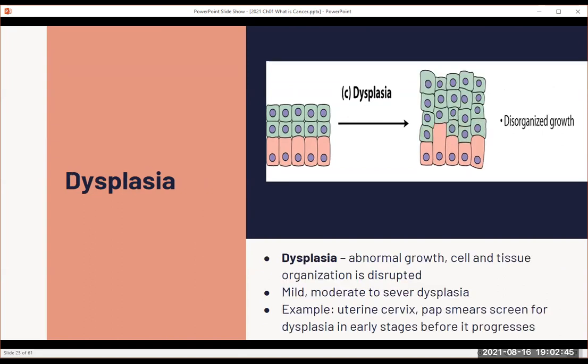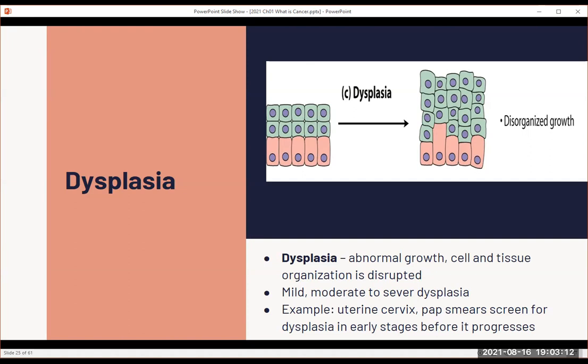Now, in this case, we're talking about dysplasia. So in dysplasia, we also have an increase in cell number, but we have abnormal growth. And we see that they're not organized as well as they were before. So they're starting to act funky, right? So we have abnormal growth, we have disorganization, and we can have various degrees of how disorganized these cells are.